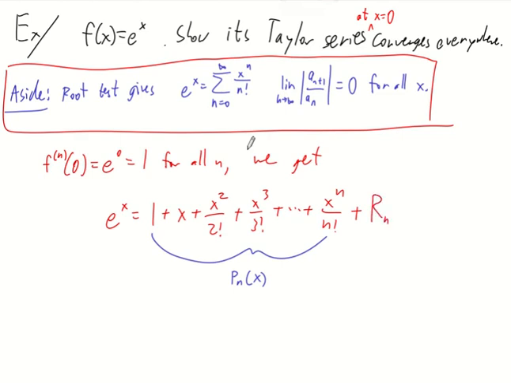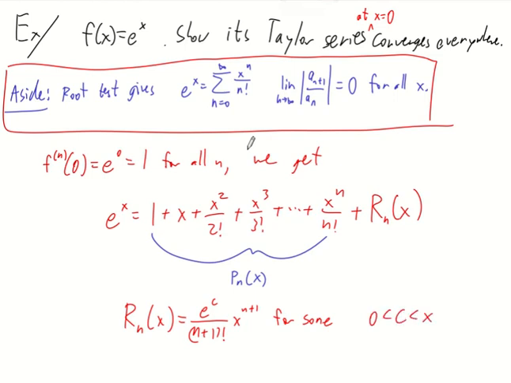And then there's this remainder piece, where that remainder piece is the next derivative with some point plugged in, for some c between 0 and x.